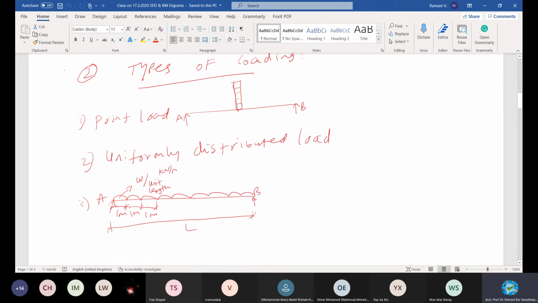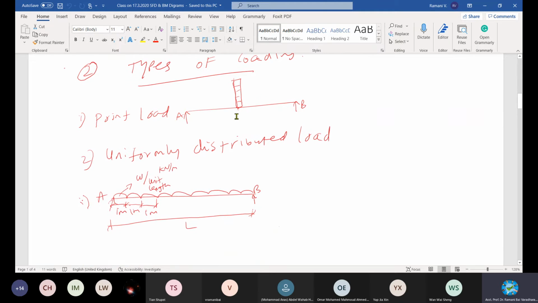Okay. Now, the point load may be something like this. You see here the point load. If it is one room or one condominium with different layers like 10 floors, one room or two rooms, or a small one block, if you take it as one block which has different floors, the load acting at this point on the ground will be considered a point load.